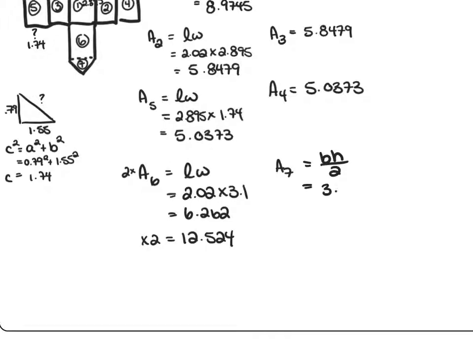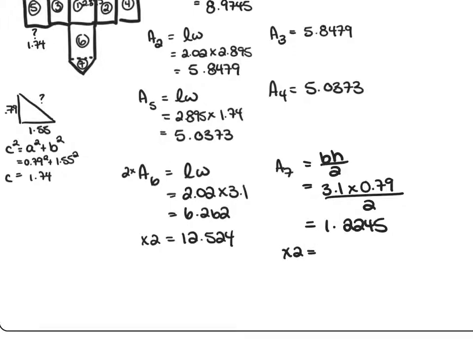Our base is 3.1. Our height is 0.79, and we'll divide it by 2. Which is 1.2245 for that little triangle bit. And again, we have 2 of those.